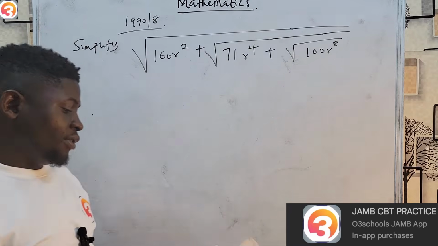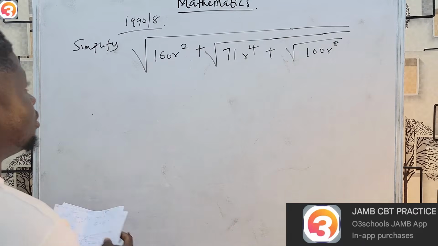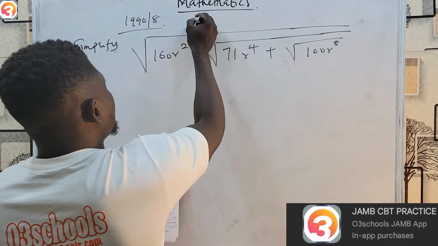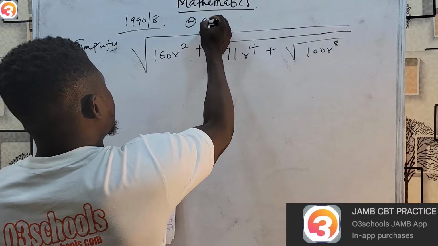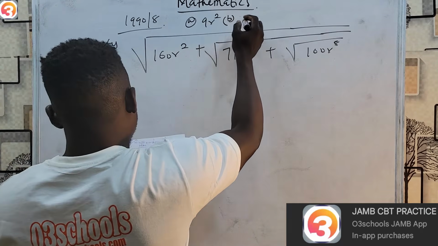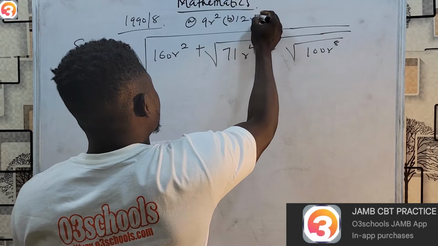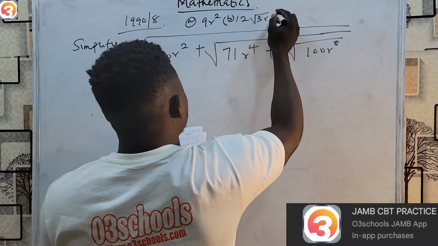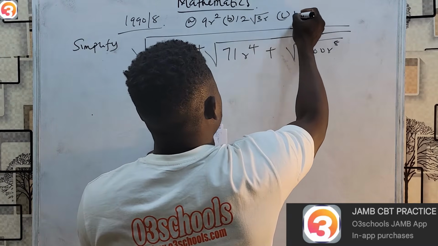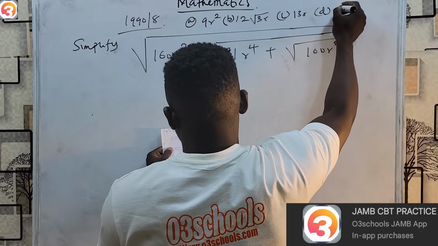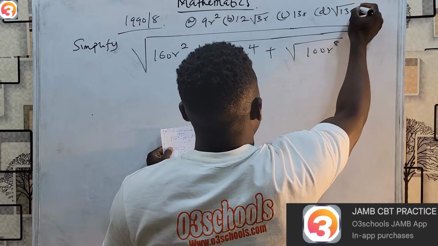All right, we're given options. Option A is 9r square. Option B is 12. Then 3r root 3r. C is 13r and D is root 13r.